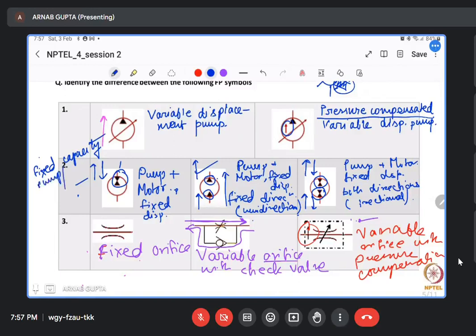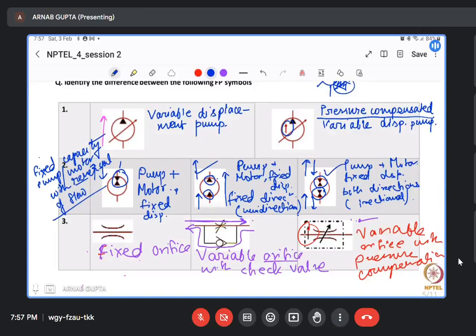Pump or motor with reversal of flow direction. This will be fixed capacity pump or motor with unidirectional flow. This will be fixed capacity pump or motor with bidirectional flow.